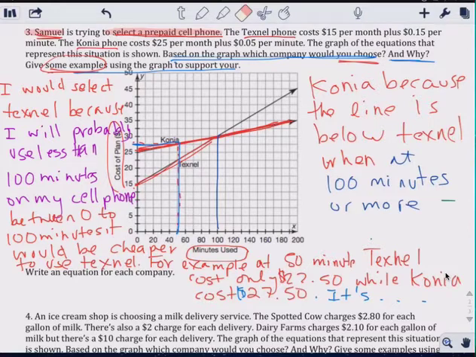This means that it's cheaper. For example, at 140 minutes, Kanye is only $32.50, where Text Nil is at about $36.